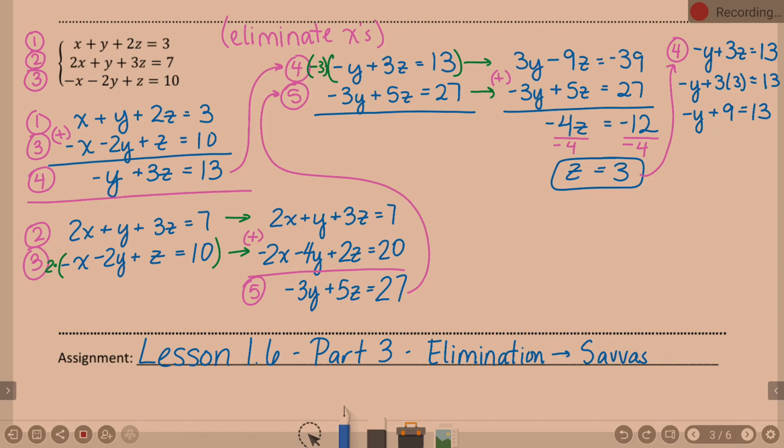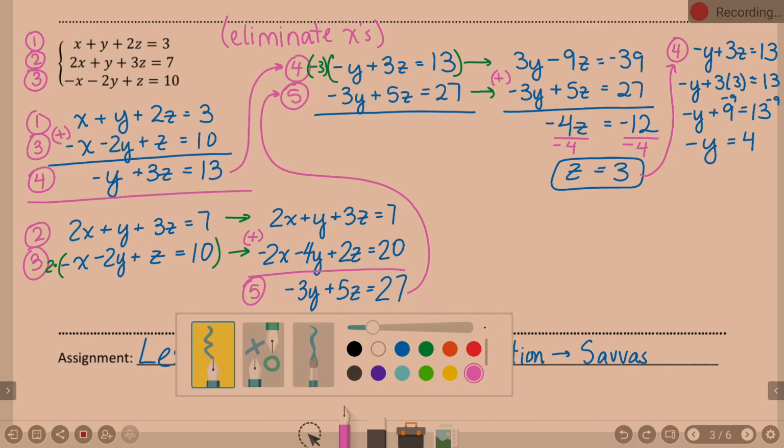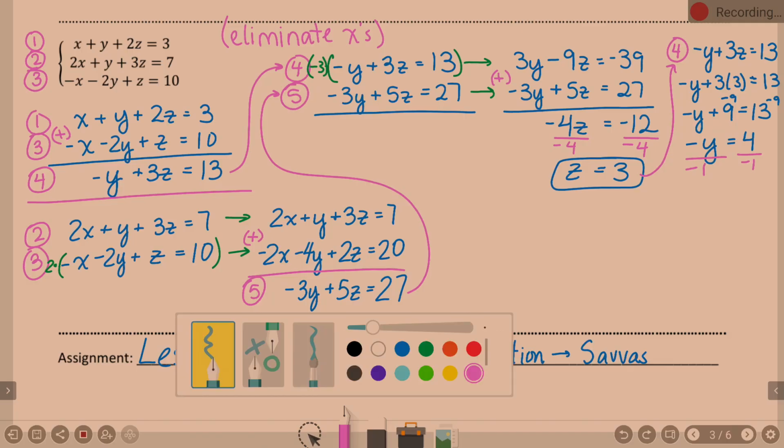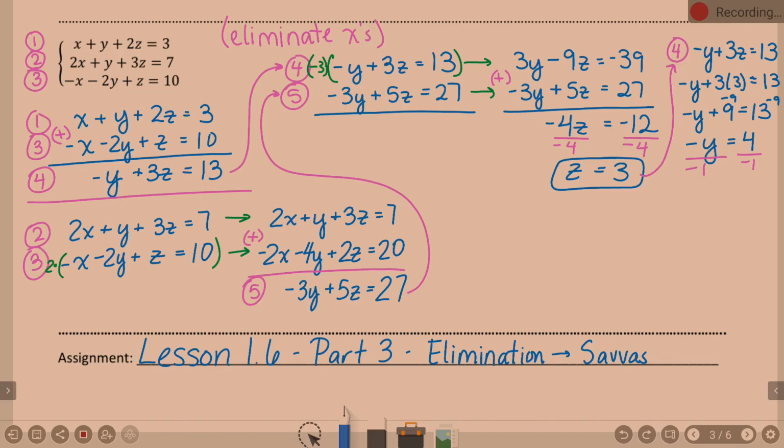If it's plus 9, we're going to do the opposite, and we're going to subtract 9. Negative y is equal to 4. And if it's negative y, remember you need to divide by a negative. And so positive y is equal to negative 4.